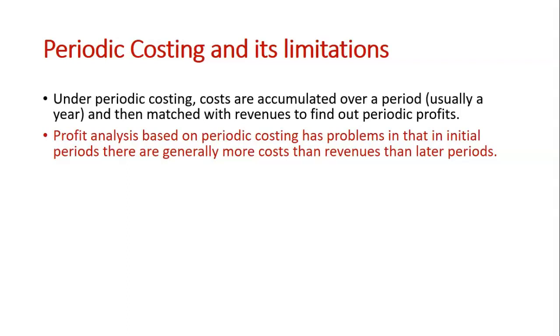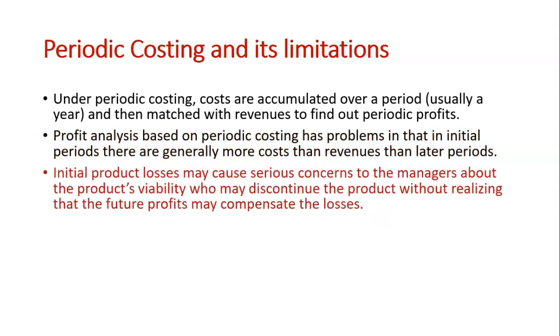So cost is more, including research and development costs, and as compared to that, revenue is less. That will definitely result in initial product losses, and those losses may cause serious concerns to the managers about product viability. Managers may discontinue the product without realizing that future profit may compensate for the losses.